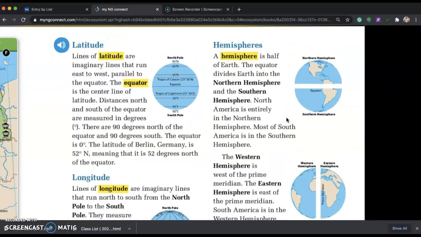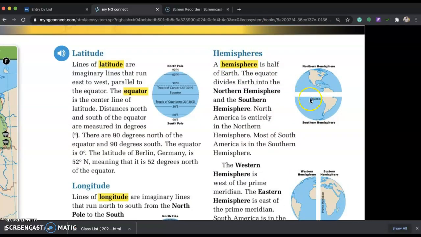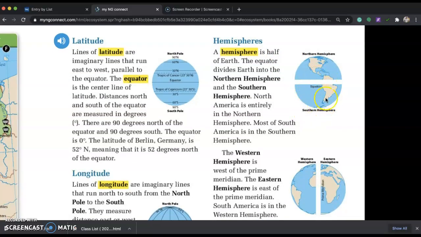Something that is really hard to see when we're not physically in class is the hemispheres. So the northern hemisphere is at the top, and the southern hemisphere is at the bottom. So it's cutting our world in half.